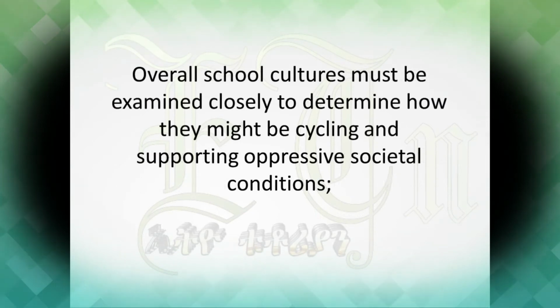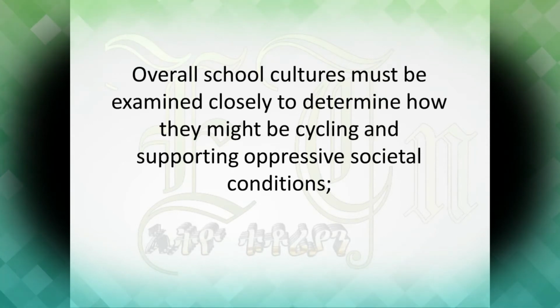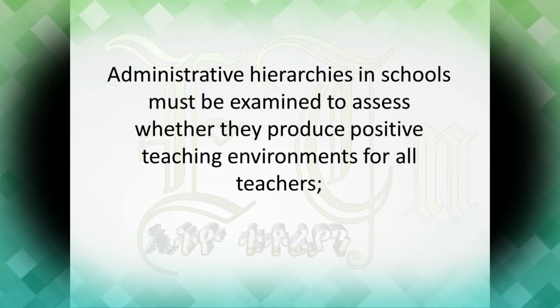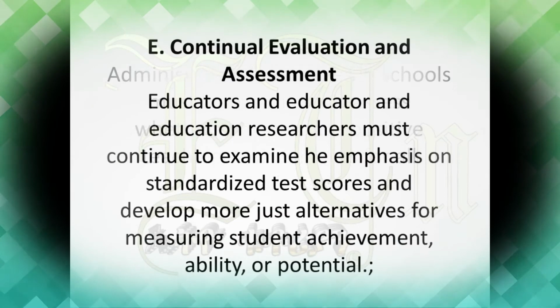Overall school cultures must be examined closely to determine how they might be cycling and supporting oppressive societal conditions. Administrative hierarchies in schools must be examined to assess whether they produce positive teaching environments for all teachers.